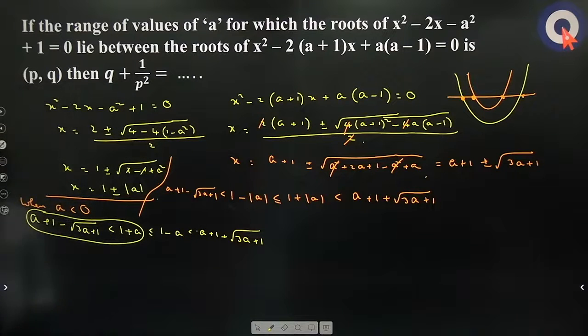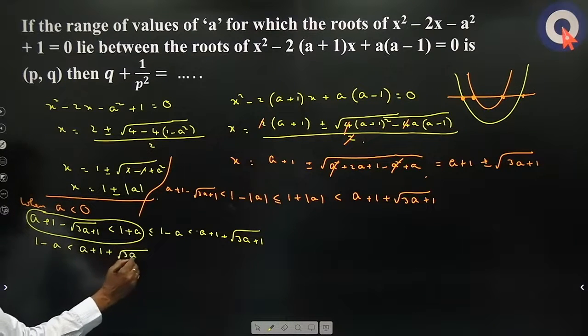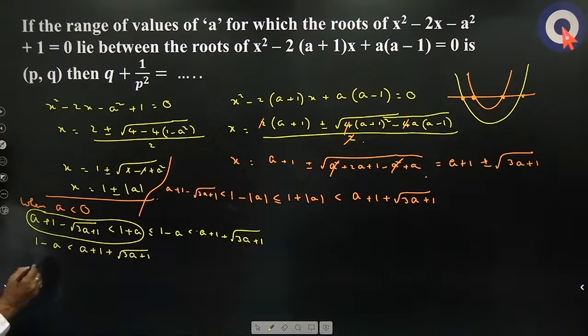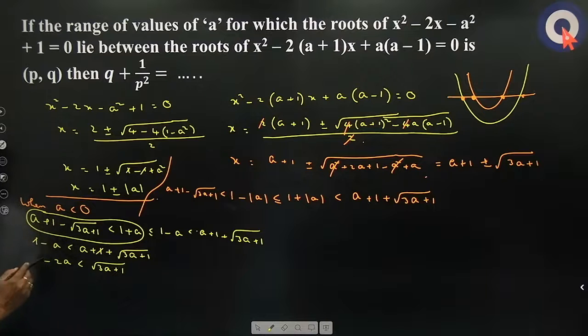So when I consider this, 1 minus a less than a plus 1 plus root of 3a plus 1. So this I need to simplify. So this becomes minus 2a less than root of 3a plus 1. Now, since a is negative, minus 2a is positive, and the right side anyway is positive.